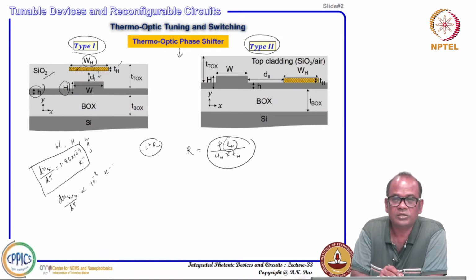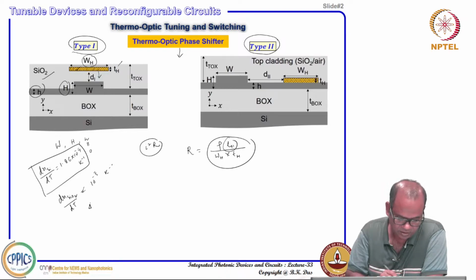So mainly your silicon core will be heated if you are doing resistive heating by sending current across the heater. Once it is heated, the refractive index change can be expressed for a given waveguide as dN effective by dT. In principle, for the silicon case, this dN effective by dT should more or less follow dN silicon by dT.